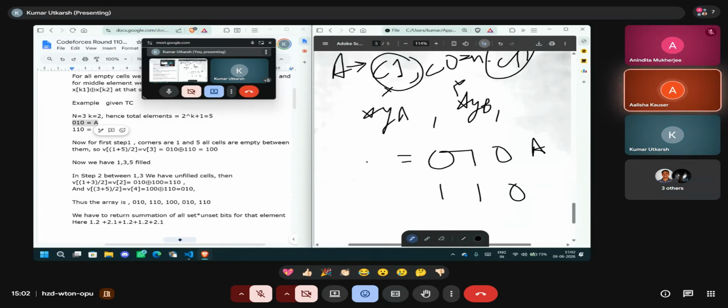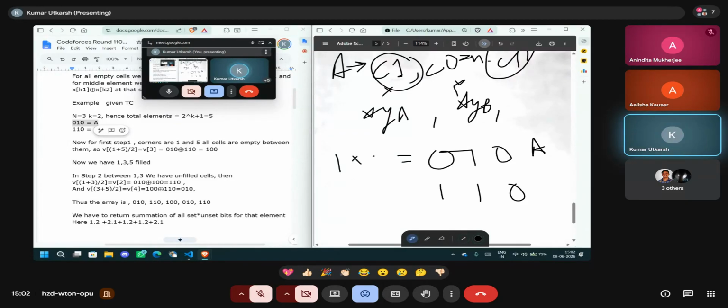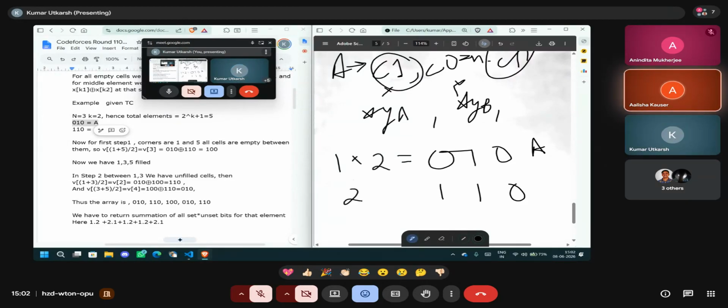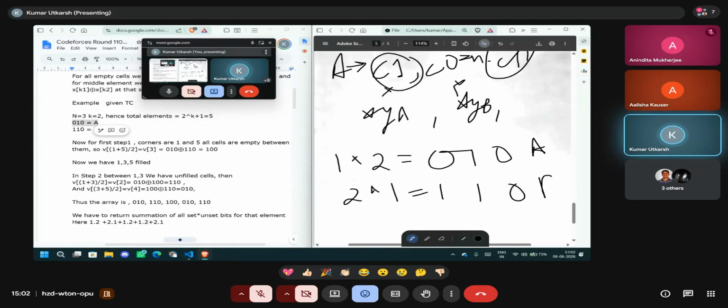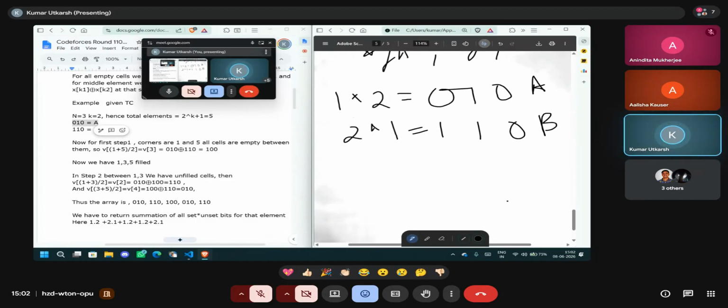Set bit is 1 and unset bit is 2. Right. And in the second one, set bits are 2 and unset is 1. And if you XOR them up, then what will be the answer? These two are unequal, so it will be 1. These two are equal, so it will be 0. And it will also be 0. Right. So it will be 1 into 2.